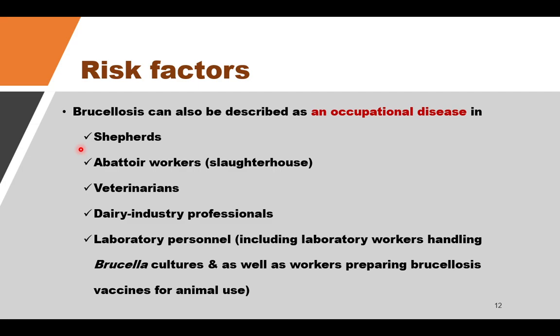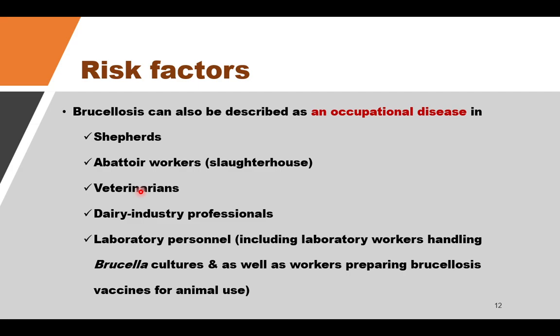Shepherds, because they're the ones tending to the livestock. Abattoir workers, that is people who work in the slaughterhouse. They come into contact with body fluids from these livestock animals during slaughter. Veterinarians, doctors who take care of livestock.